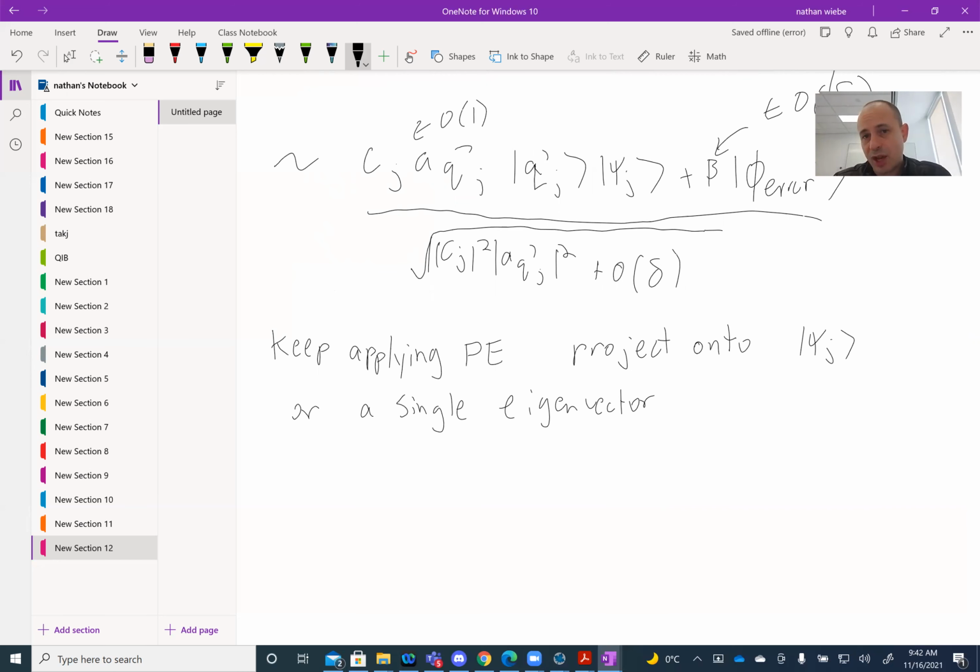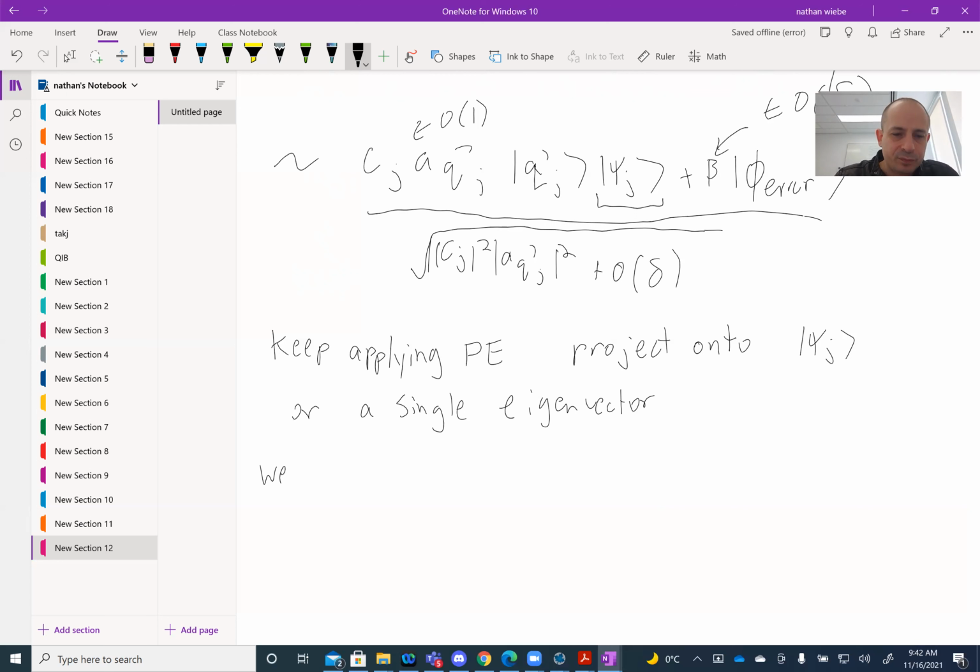And every time we apply this reprojection, we still have our quantum state here, so we can keep applying phase estimation to our heart's content. If we kept on doing this, then we can exponentially increase our confidence that our state is actually legitimately real. That's basically how we go about doing this.